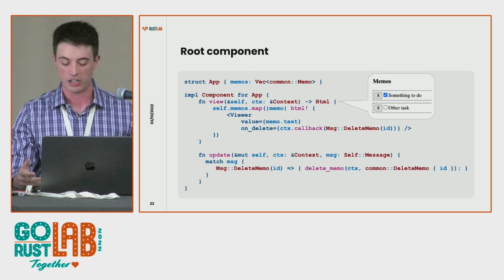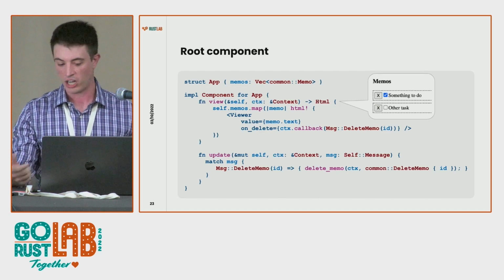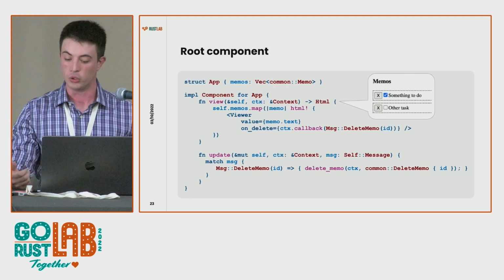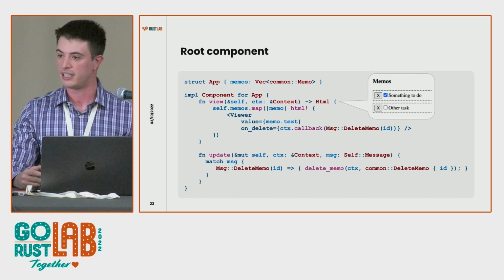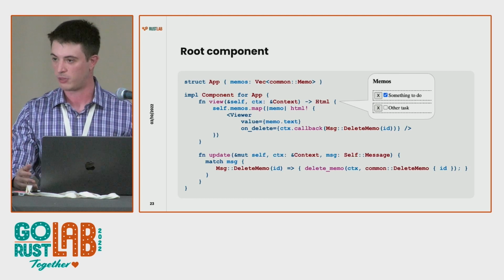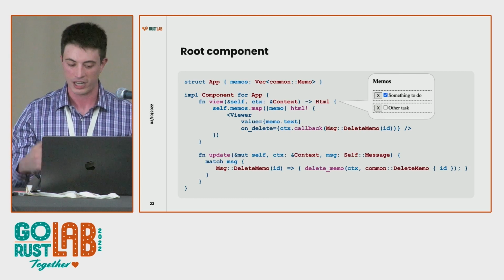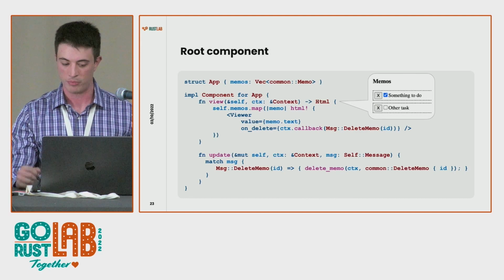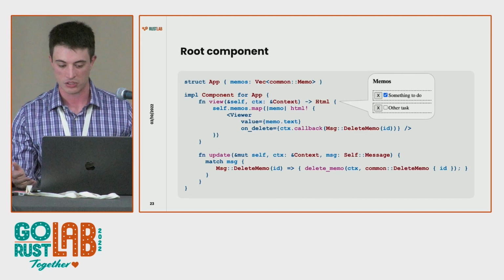The HTML that we generate, for each line, is a new Viewer component. Viewer is just another component that is defined in the code base. It's just not displayed here. But Viewer, again, is going to be exactly like this App: just another struct that implements Component.